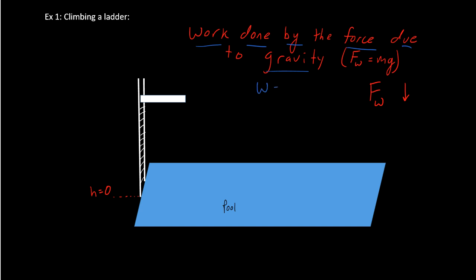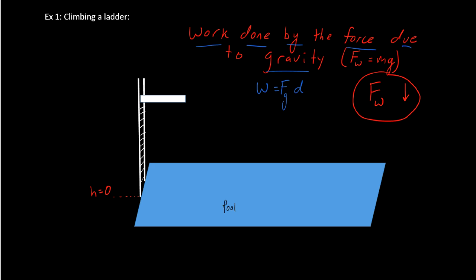So the work done by the force of gravity is the force of gravity times the displacement. We saw this in an earlier video. This is how we eventually got at the term gravitational potential energy, but we're not going to focus on that right now. Also, as a reminder, the force of gravity, the weight, always acts straight down.